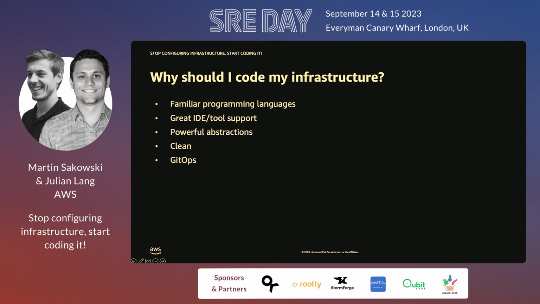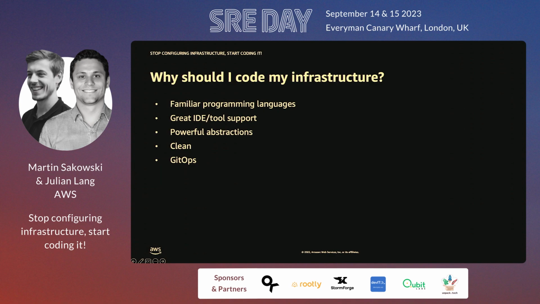You get infrastructure as actual code, not only infrastructure as code, which is not real code. So you don't have that YAML or JSON. You get real code and familiar programming languages, so nothing new that you have to learn. And of course, all those programming languages come with great IDE and tooling support. Even think about coding assistance, which will also help you a lot with that.